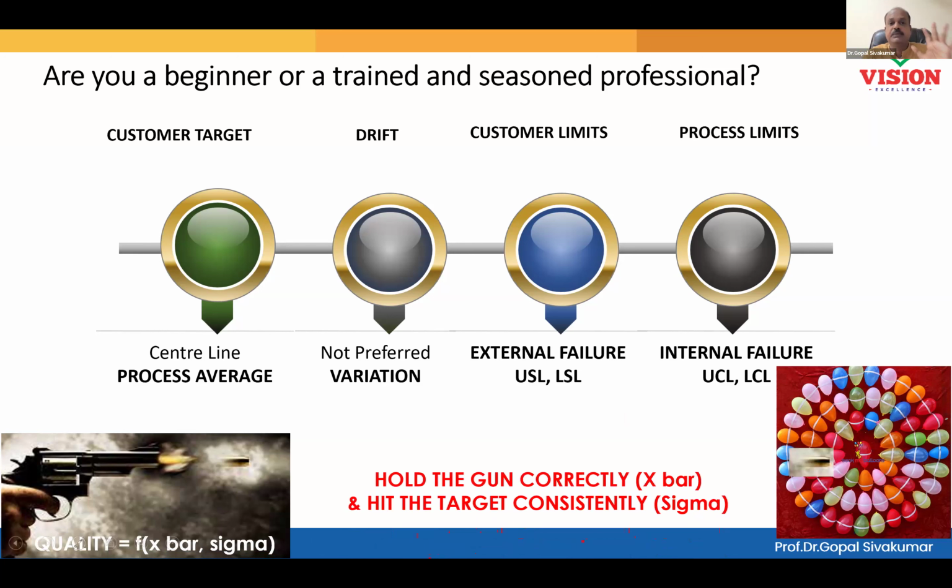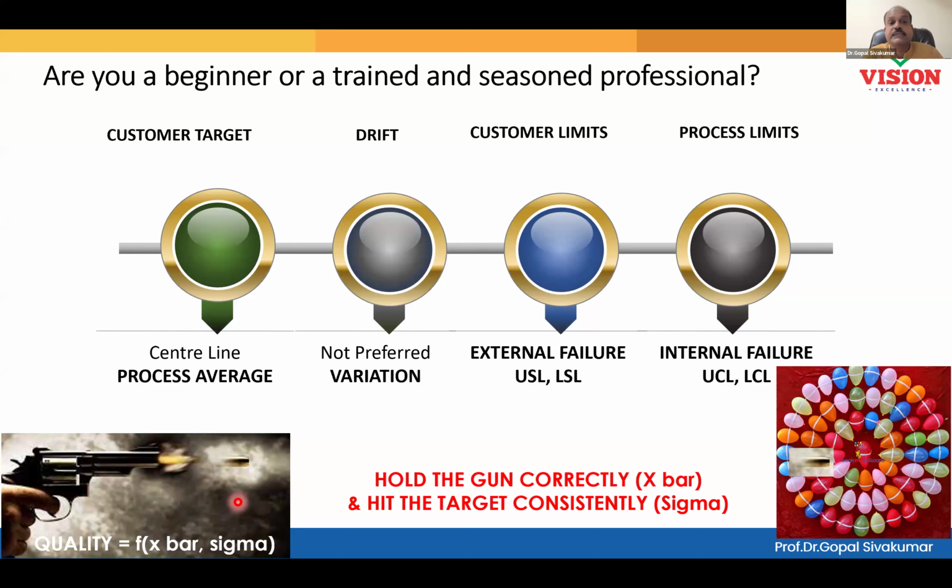Now you all will be able to appreciate this mathematical equation, y equal to f of x. Now what is y? The quality of your product with respect to a particular characteristic. That is truly a function of the statistics. What is written here? One is x bar. What is x bar? Process average. Another one is sigma, process variation.